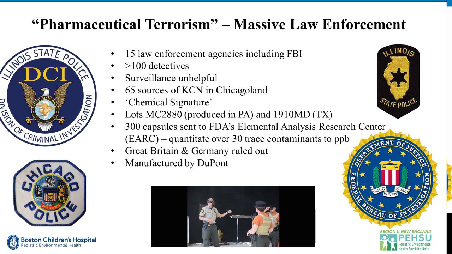There were more than 65 sources of potassium cyanide in the Chicago area. They looked at its chemical signature as to other impurities in the potassium cyanide and found that its signature of 30 different trace contaminants that they measured to parts per billion ruled out Germany and Great Britain, that the cyanide was manufactured by DuPont, a chemical company in the United States.